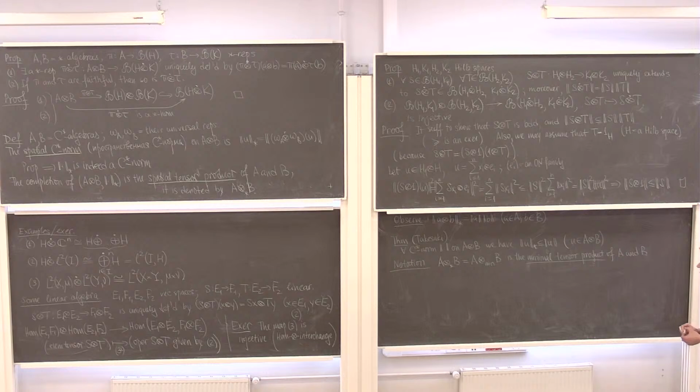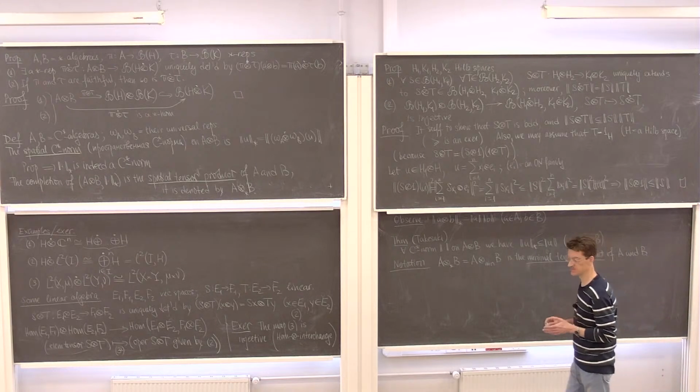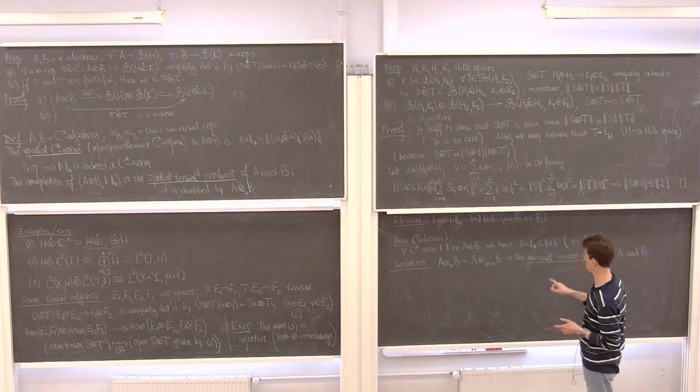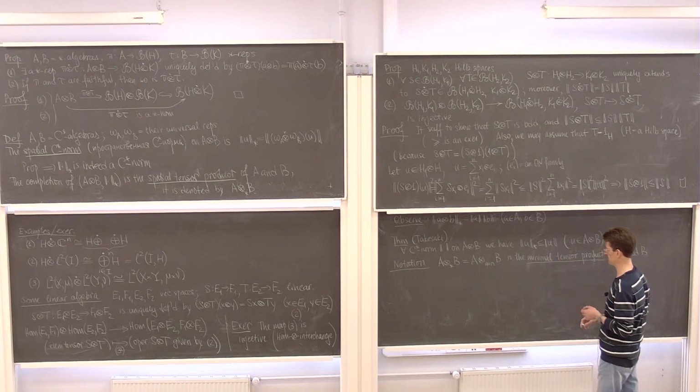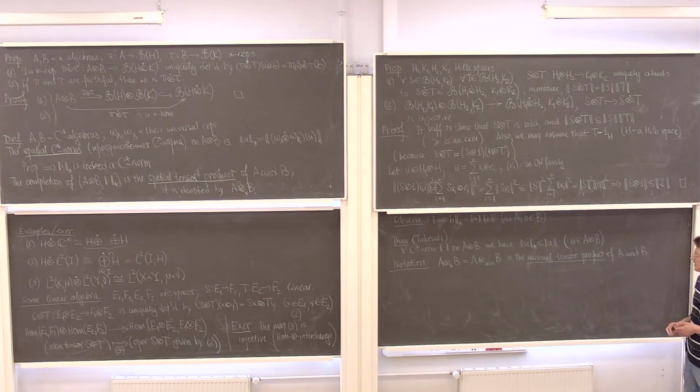So in the general case, if A and B are arbitrary C-star algebras, I don't claim that these norms are the same. There are some rather natural examples, maybe I'll tell you more about them later, where there are many different C-star norms on the tensor product.